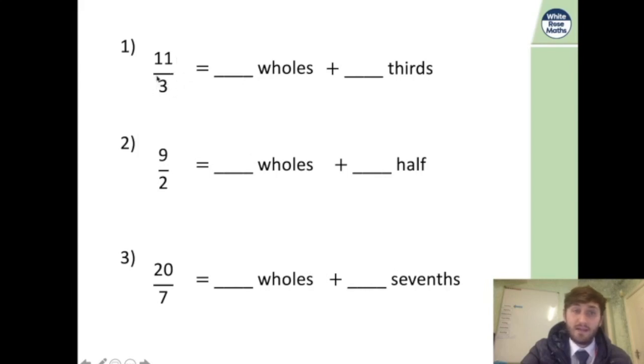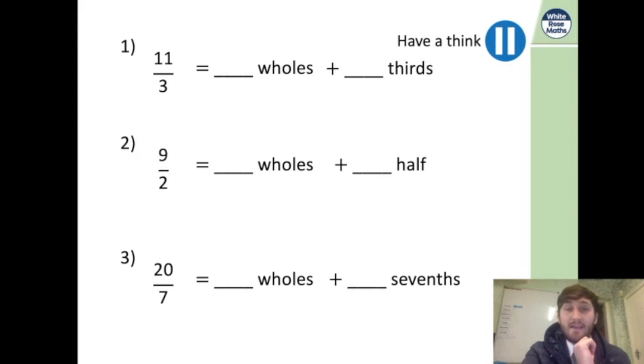Looking at our denominator, 3 goes into 11 how many times, and then how many are left over is how many thirds we've got. Or you might find it easier to draw your shapes, split them into thirds, and then how many shapes have you got, and then how many are left over. Give them a go, guys, and then come back to me and we can see whether you've got them right.